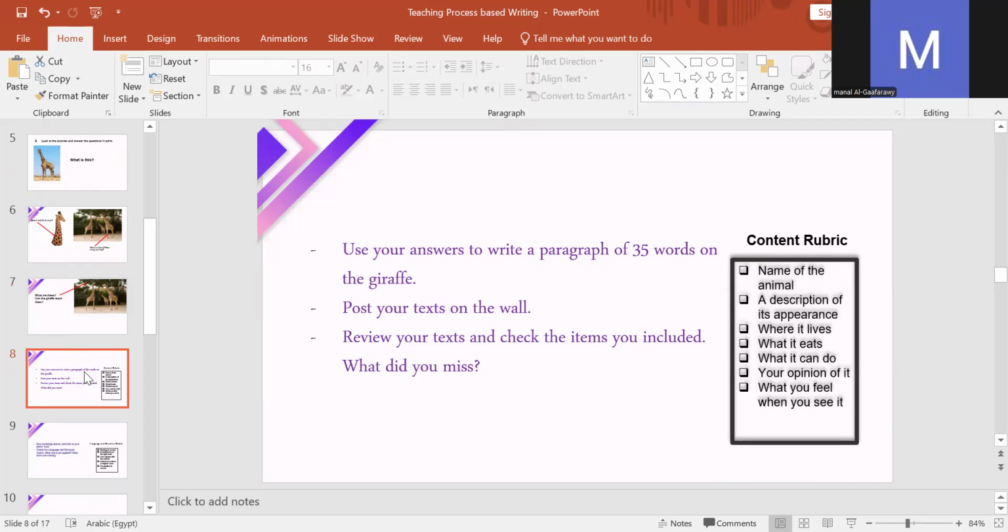And this is very important because it gives students a kind of observation. It helps them observe the content and be attentive to content.